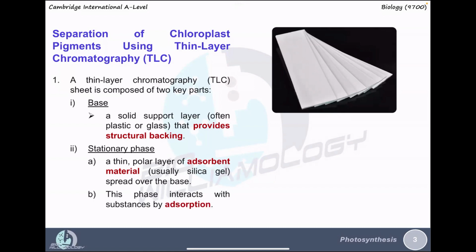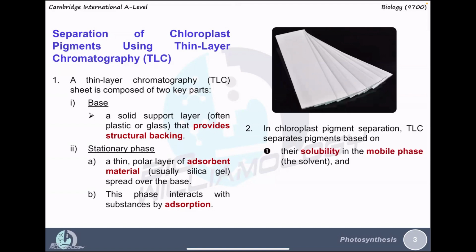This phase interacts with the substances by the process known as adsorption, not absorption. Adsorption basically means interaction. So in chloroplast pigment separation, TLC separates pigments based on two factors.